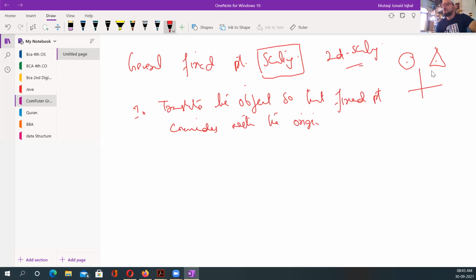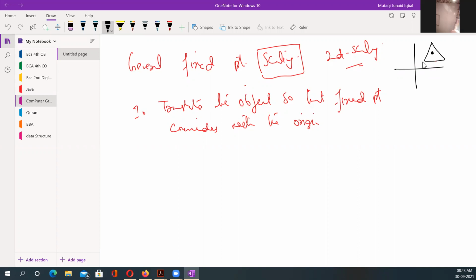Say for example, this is my triangle. In black, I will draw it. We had a triangle, and this is my fixed point, or you call it the pivot, whatever you like to call it. Most of the time we say pivot when we have to rotate, the point on which it rotates.